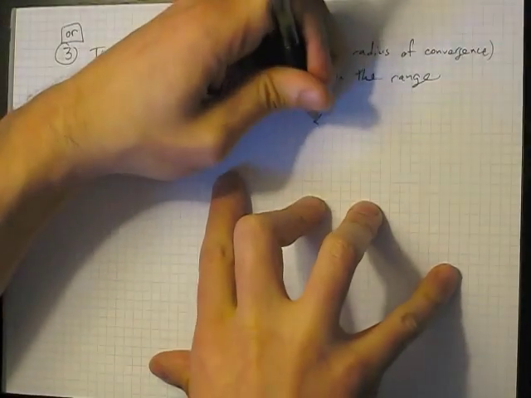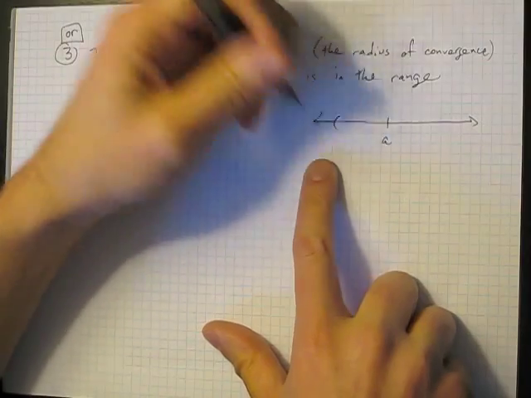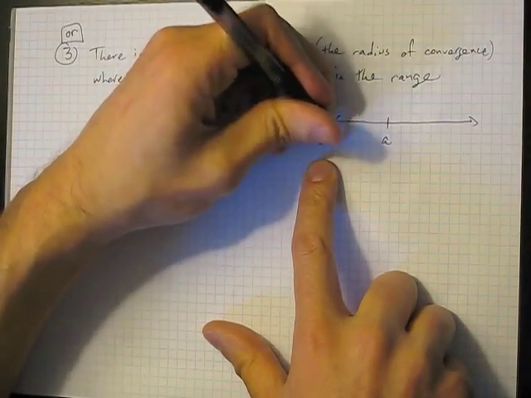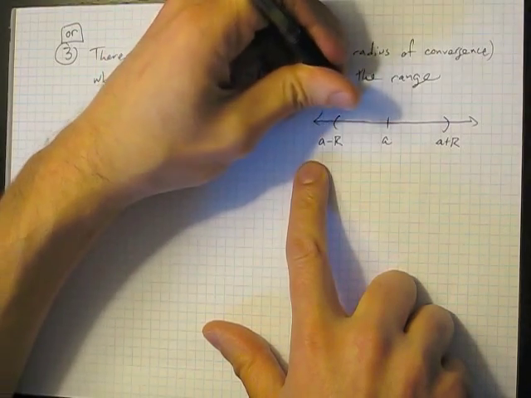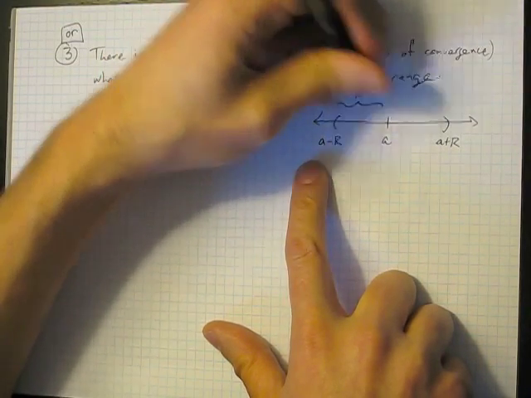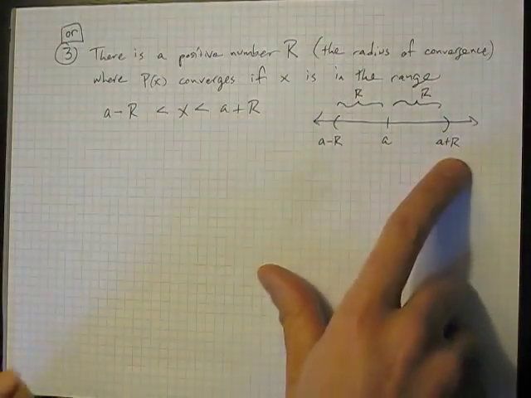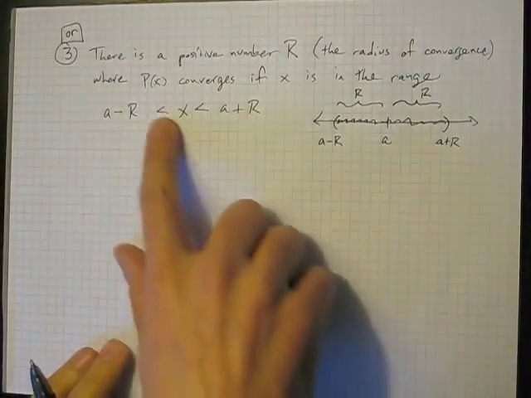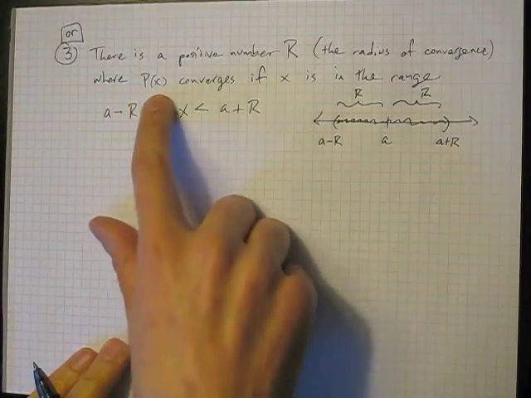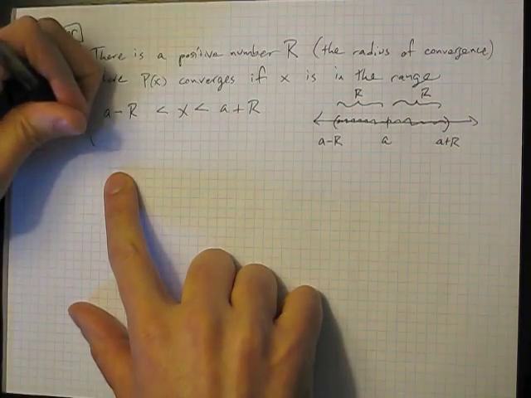Okay, so on a number line, this is what this looks like. Here's the center of the power series. Here is a minus r, and here is a plus r. So this distance here is supposed to be r, and so is this distance here, r. So that's what this region is. So there's a positive number where P of x converges if x is in this range, and diverges outside.